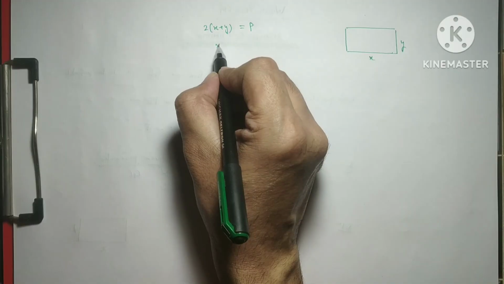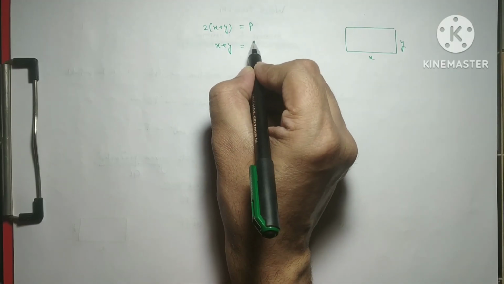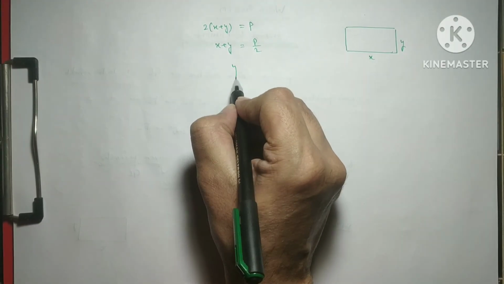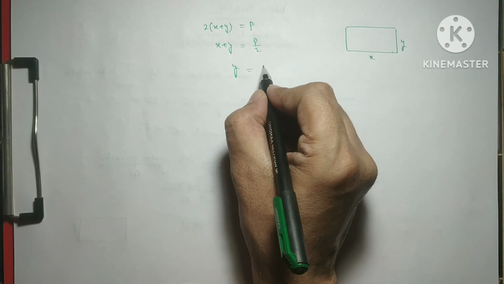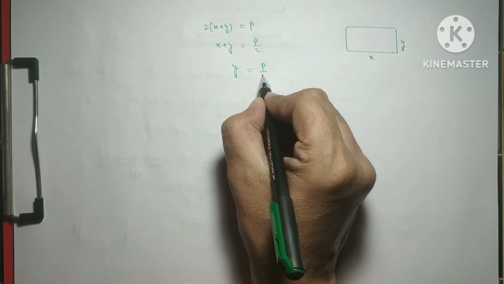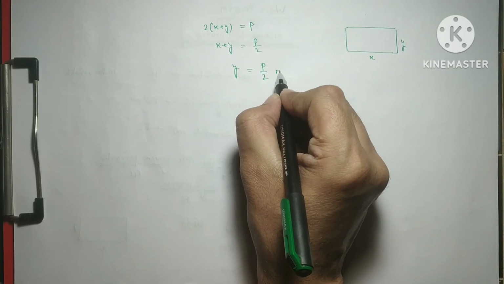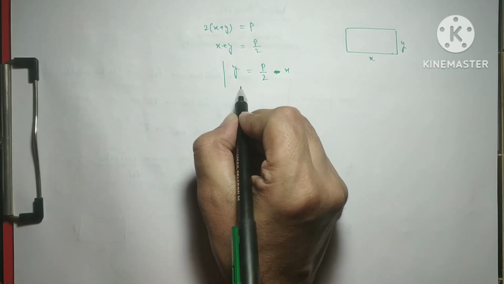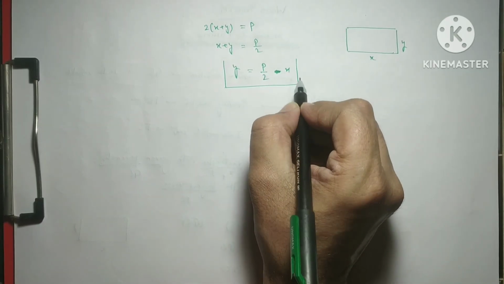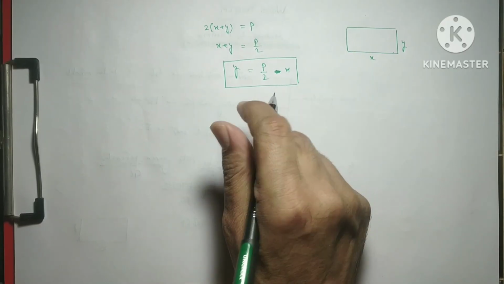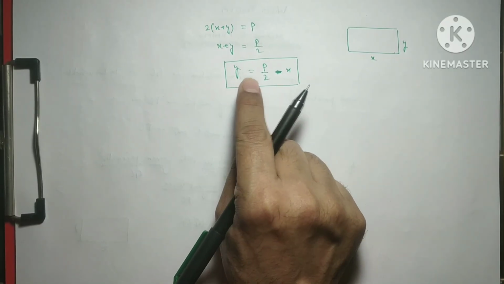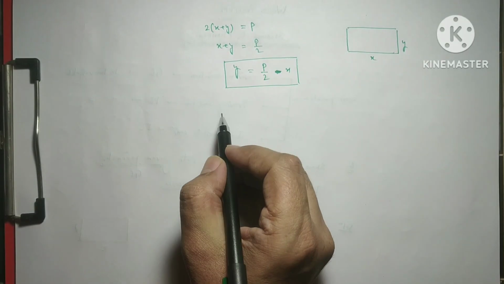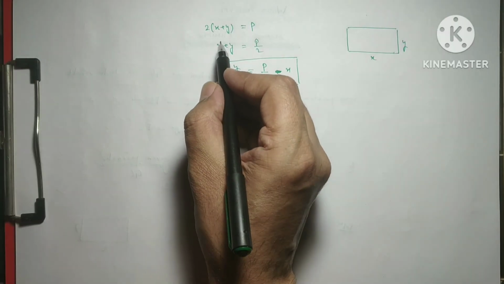So x plus y is P by 2, and it's very simple. Value of y in terms of x will be P by 2 minus x. So this is the condition in which y is in terms of x. So second condition, this is the given condition.